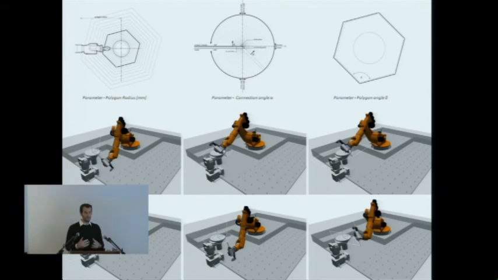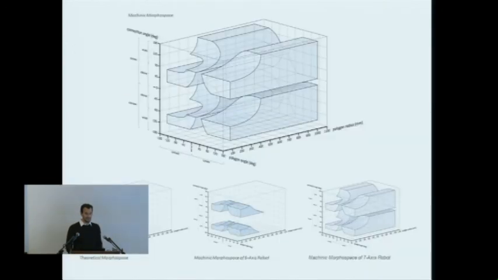And by using a setup-specific robot fabrication simulation, we were able to identify the min-max ranges for these morphological parameters, and we mapped them into what we have termed a machinic morphospace, which is defined by coordinate axes that represent these morphological parameters.